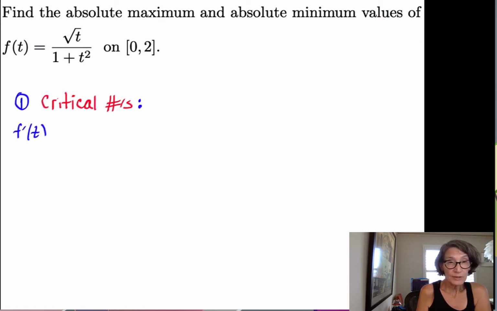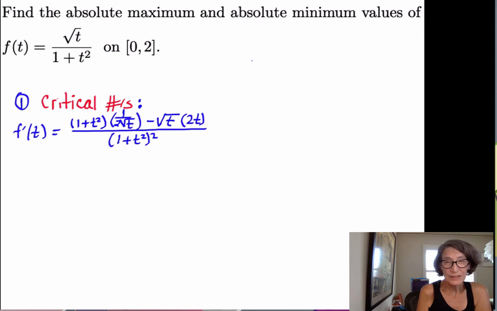So f prime of t is the bottom times the derivative of the top, minus the top times the derivative of the bottom, over the bottom squared. All right, we do have to simplify this a little bit so that we can see where it's equal to 0 and where it doesn't exist.